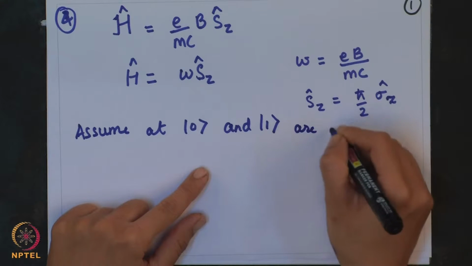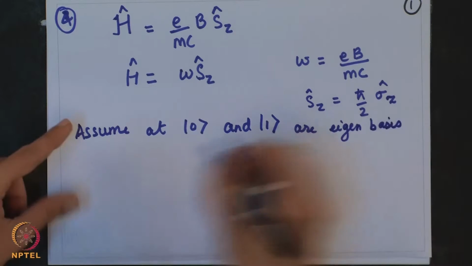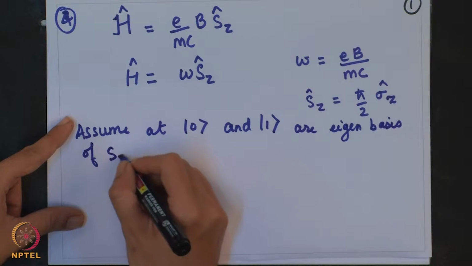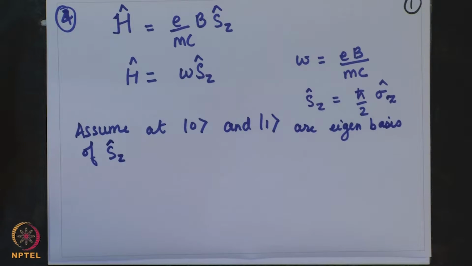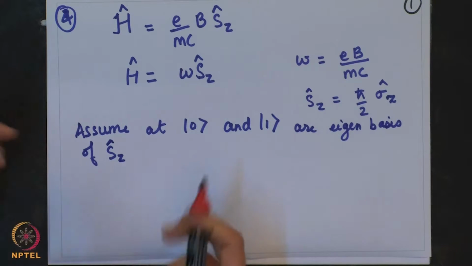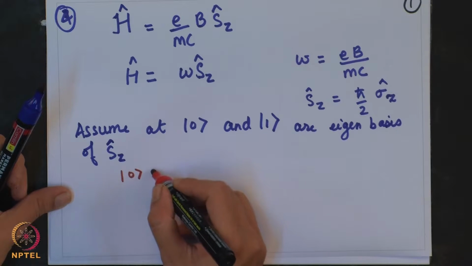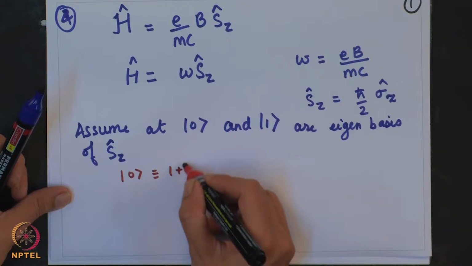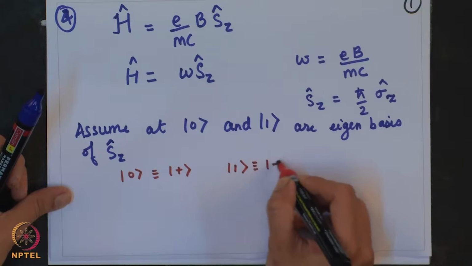Recollect that in the lecture 0 was denoted as plus and 1 was denoted as minus, I think.